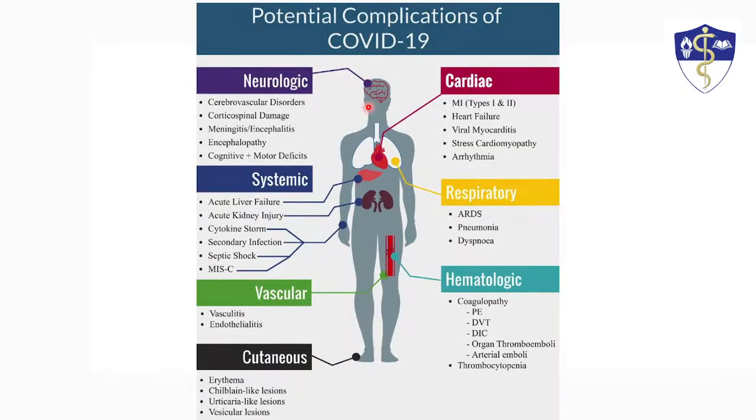So it's in here. This is one of the reiterations given to us that early on during COVID-19, it was found that COVID-19 can affect any system. It can cause stroke, meningitis, encephalitis. It can cause liver failure. It can cause kidney injury.